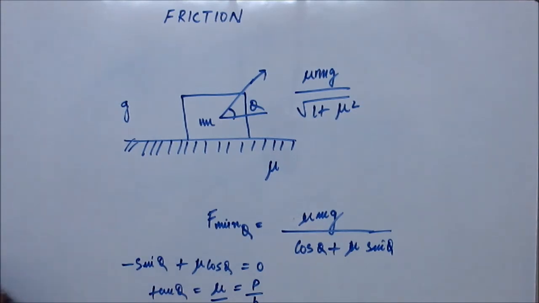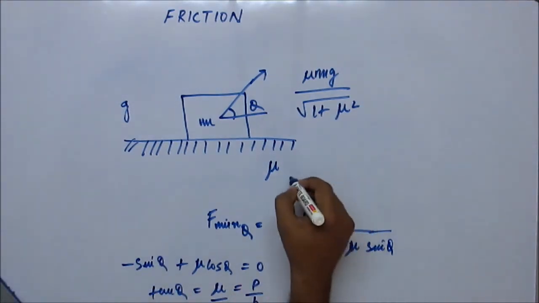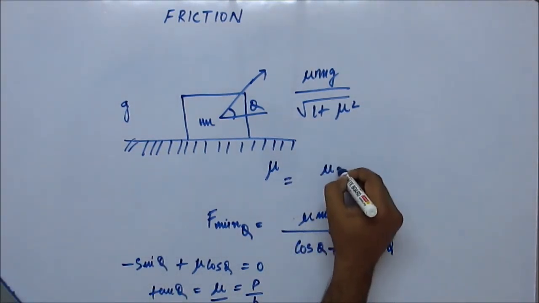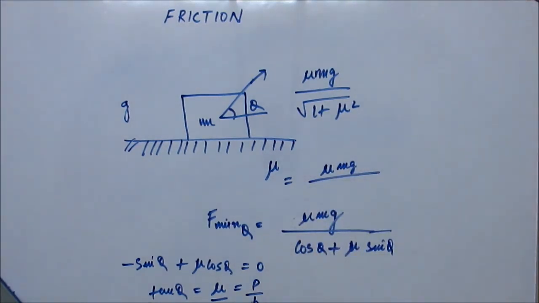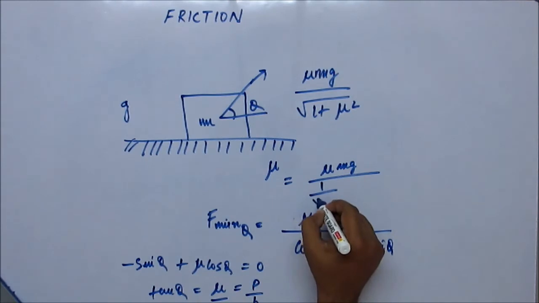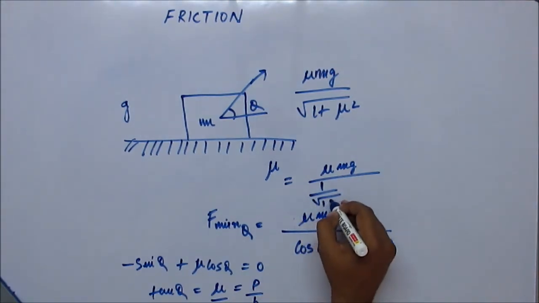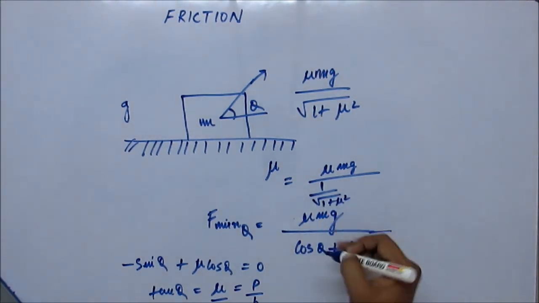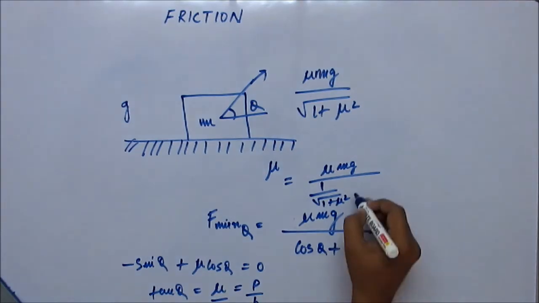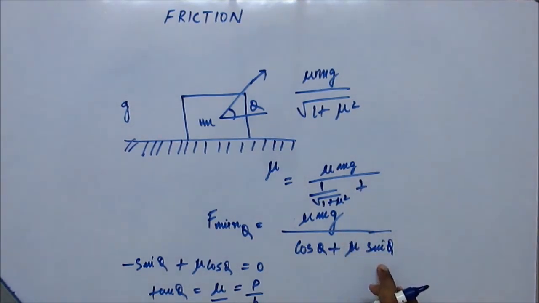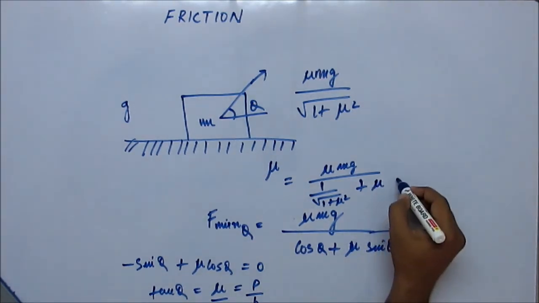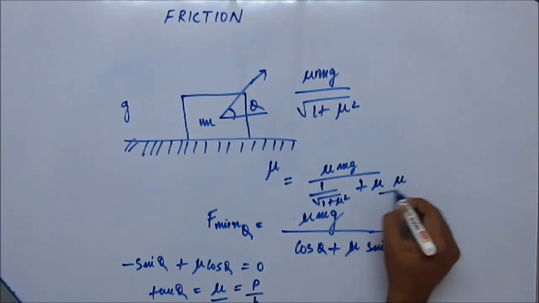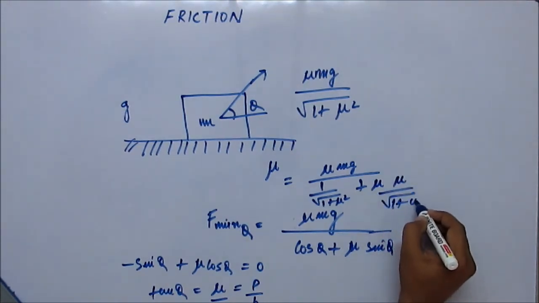So this expression would come out as mu times mg upon cos theta plus mu sin theta. Cos theta is base upon hypotenuse, so that will be 1 upon root over 1 squared plus mu squared, and sin theta is perpendicular upon hypotenuse, so sin theta is mu upon root over 1 plus mu square.